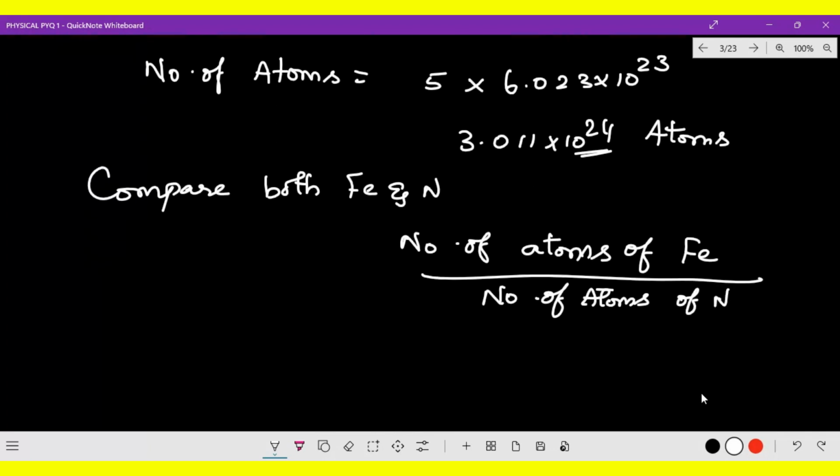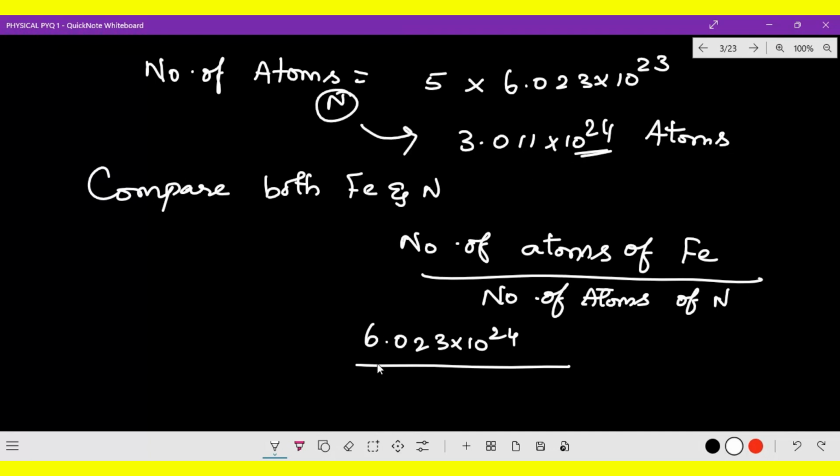For iron we received 6.023 into 10 to the power of 24, divided by 3.011 into 10 to the power of 24 for nitrogen.